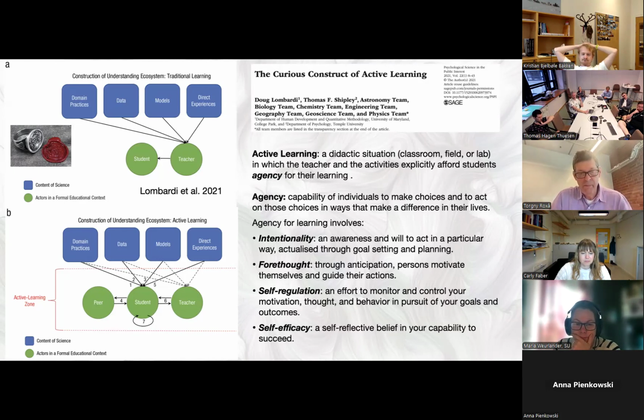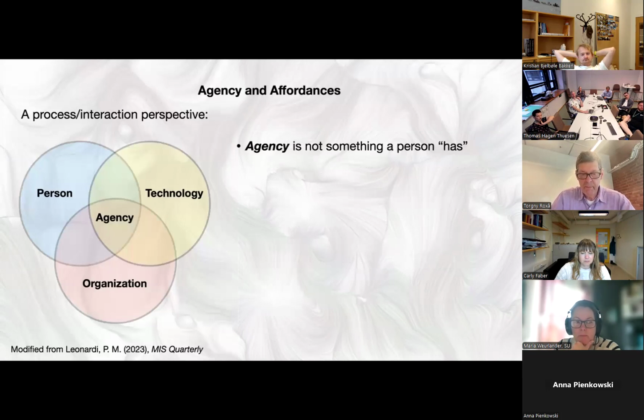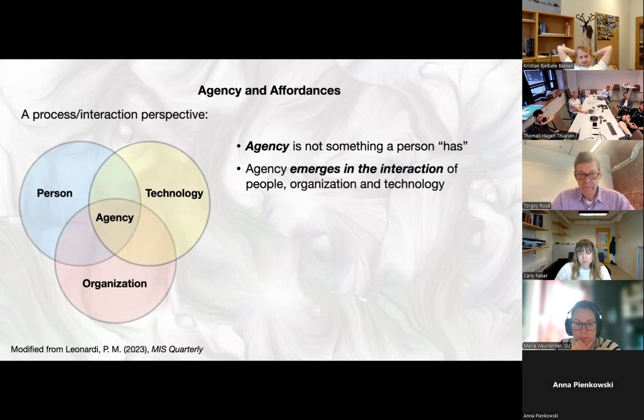And the interactivist model of Mark Bickhard can be used to set this kind of understanding of learning into a process realist framework. And agency is linked to this concept of affordances. Okay, so from a process or interaction perspective, agency is not something that a person has. Agency emerges in the interaction of people, organization, and materials, technology, and other spaces.